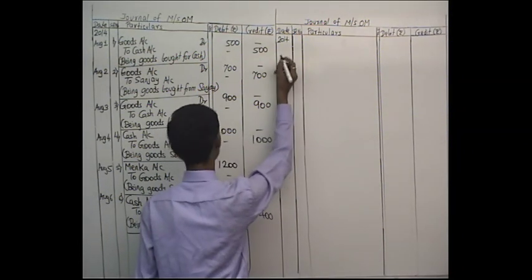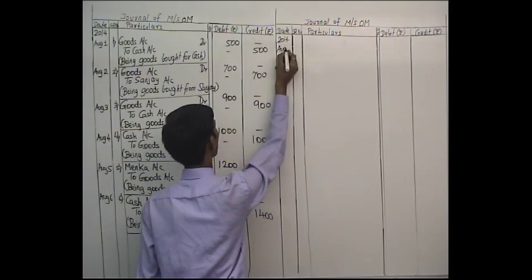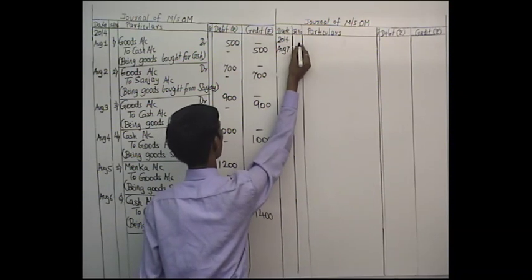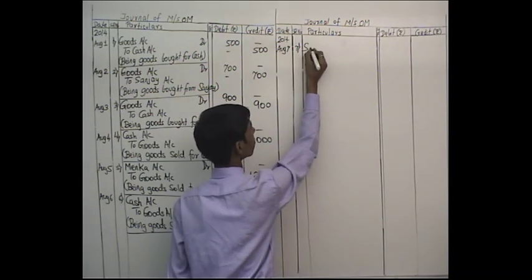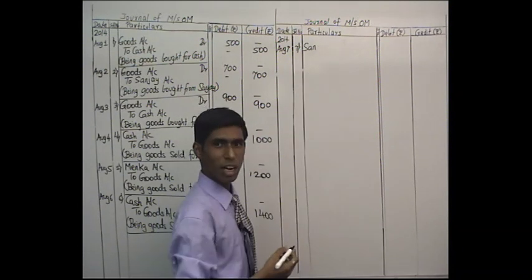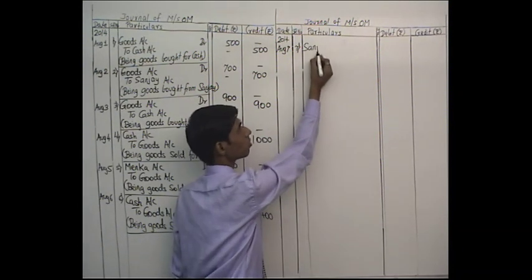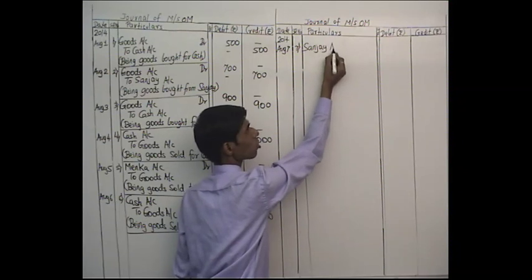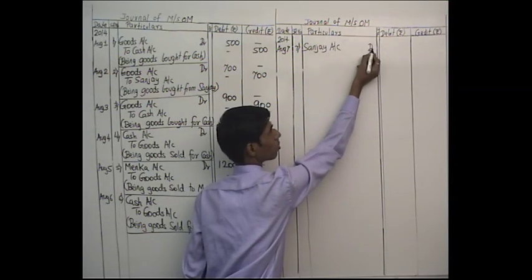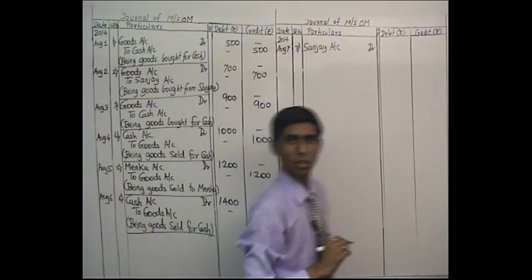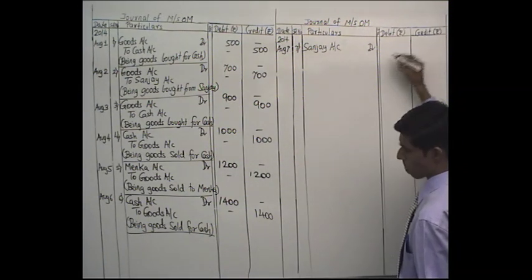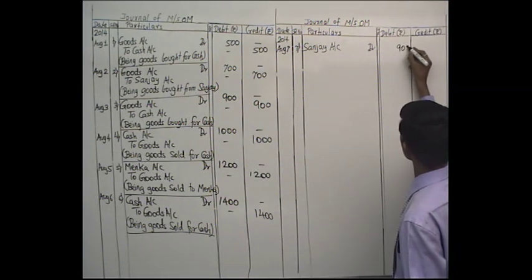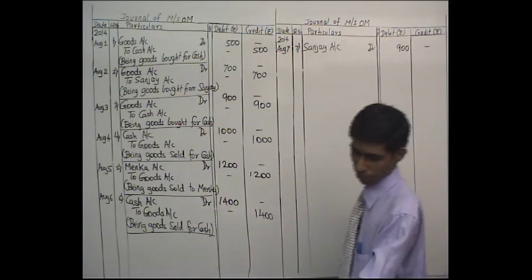That is next page. August 7th, 7th transaction. Sanjay account debit. The amount it is given, that is 900.